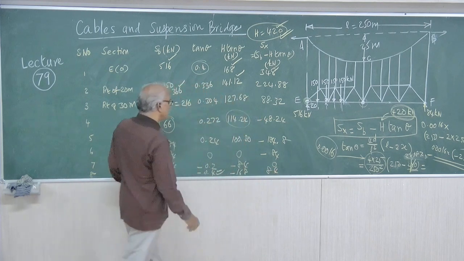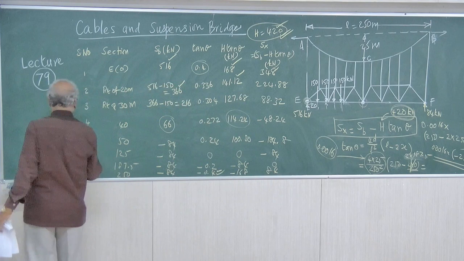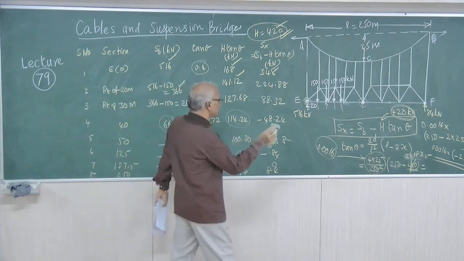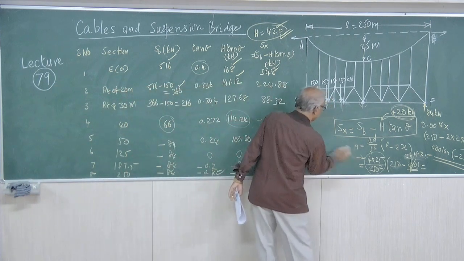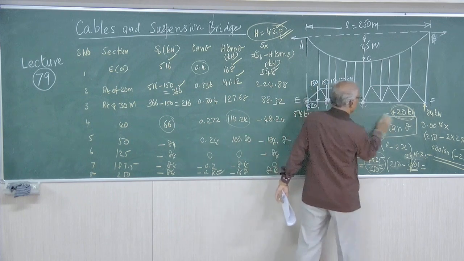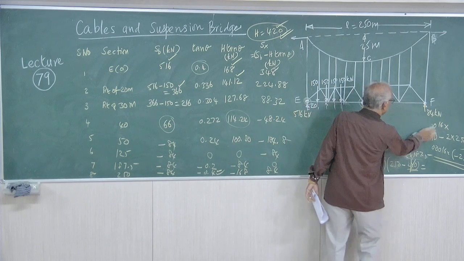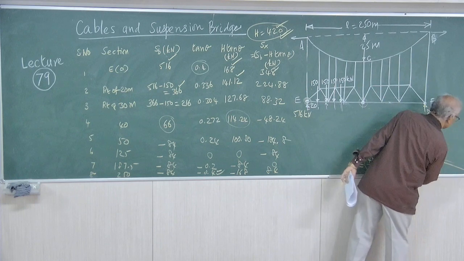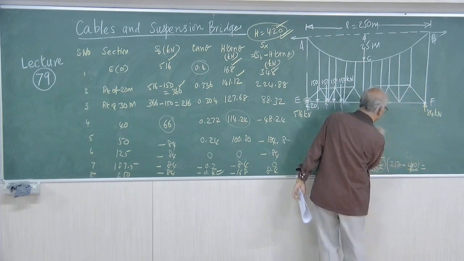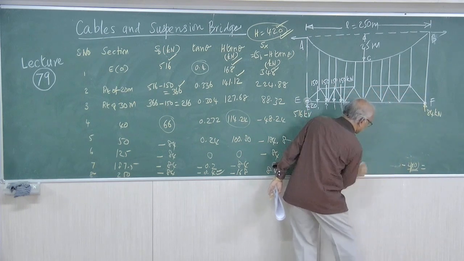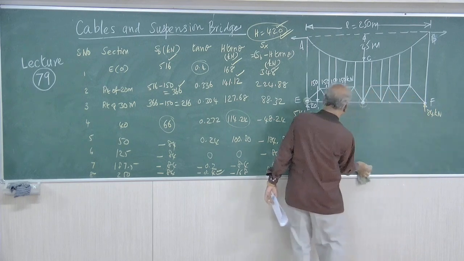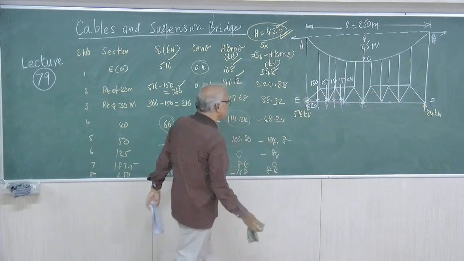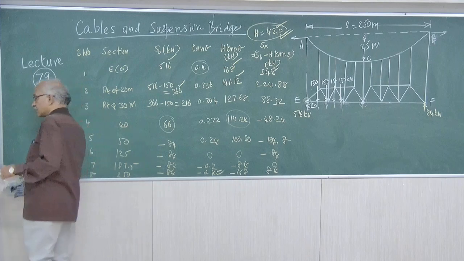This is how you have to calculate the shear force values at all points. Particularly, I have taken this problem because it is a little elaborate, so that it will give you confidence for doing any other problem. Because here also you are going to superimpose the H tan theta diagram on the beam shear diagram.